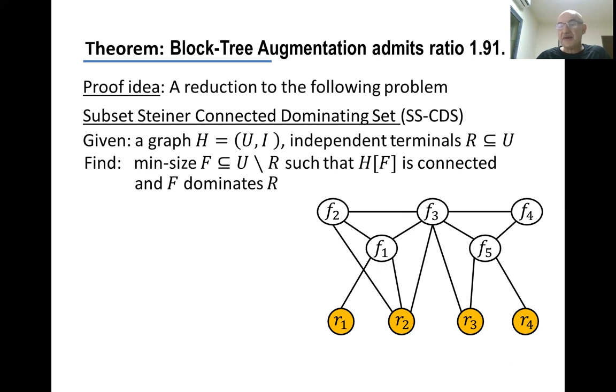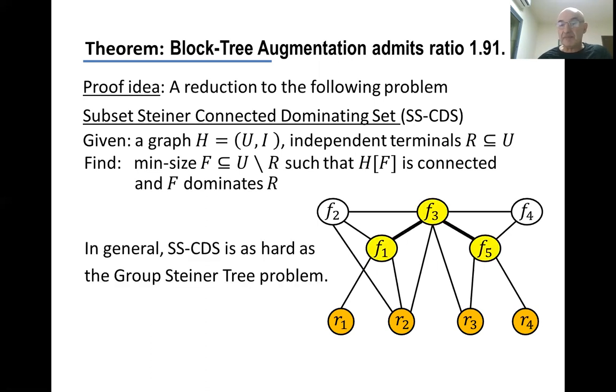Given a graph and an independent set R of terminals, we need to find a subset of non-terminals that induce a connected graph and dominate all the terminals.